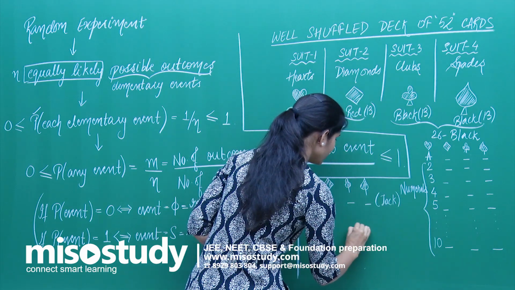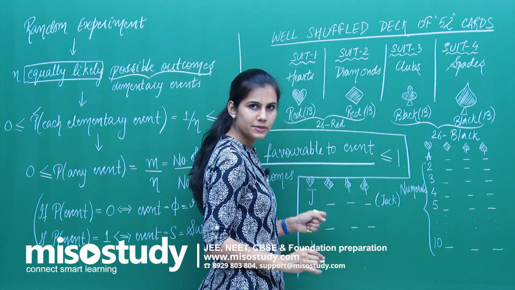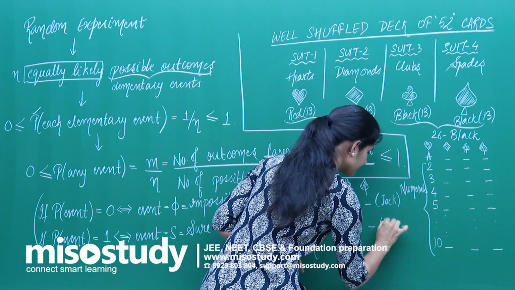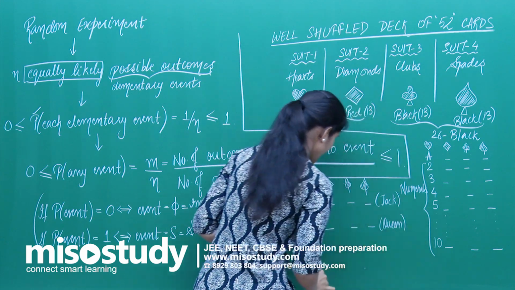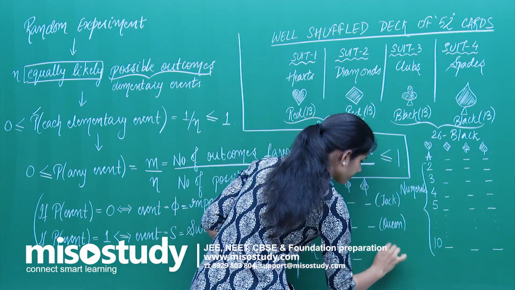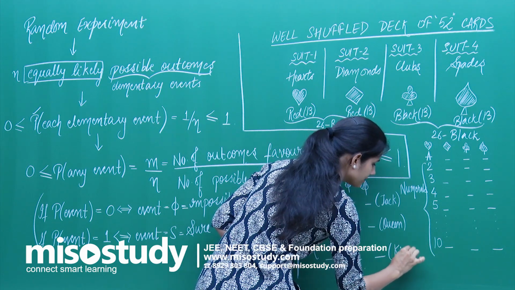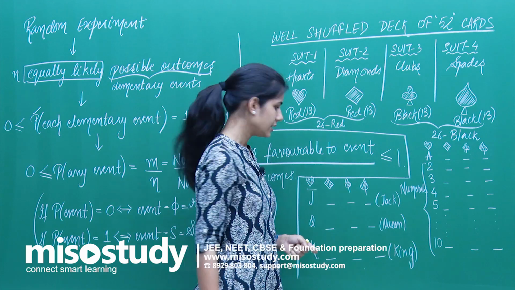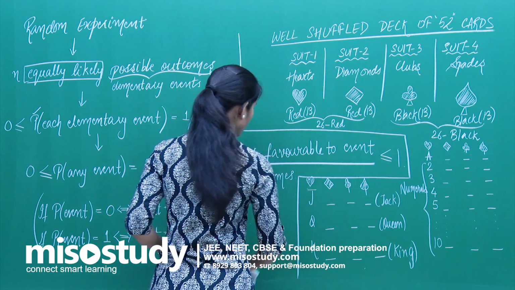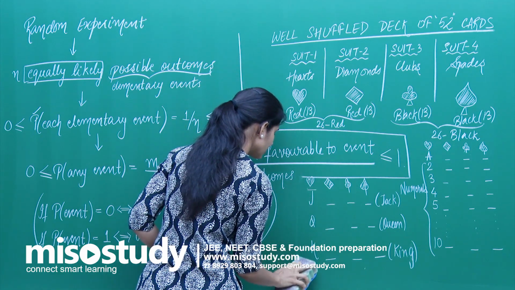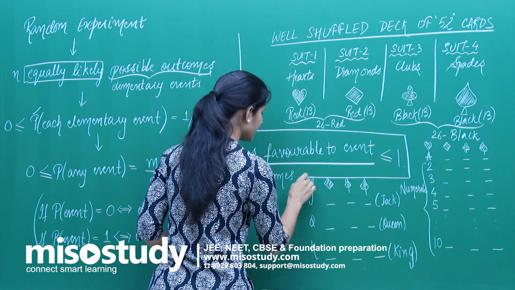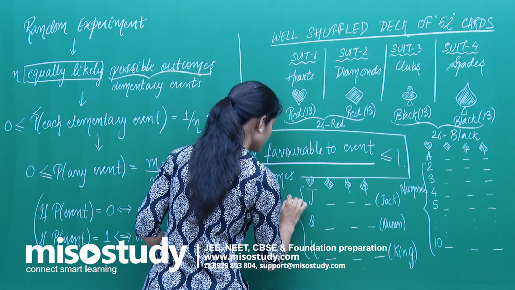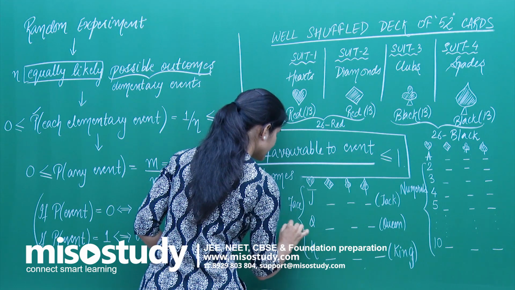Then there is Queen of hearts, diamonds, clubs, and spades, and there is King of hearts, diamonds, clubs, and spades. What are these cards called? These cards are basically called face cards.